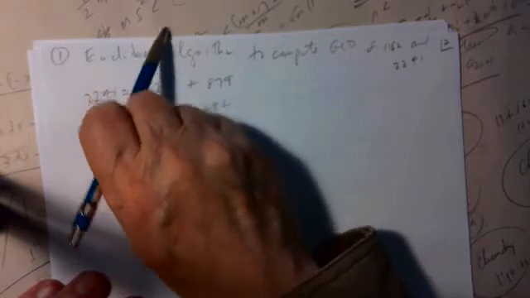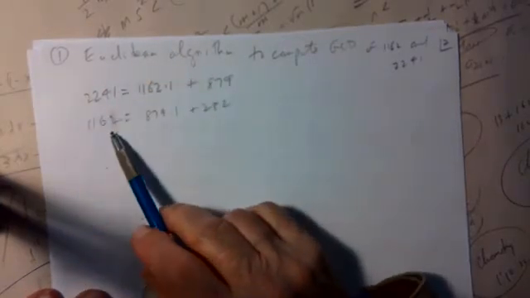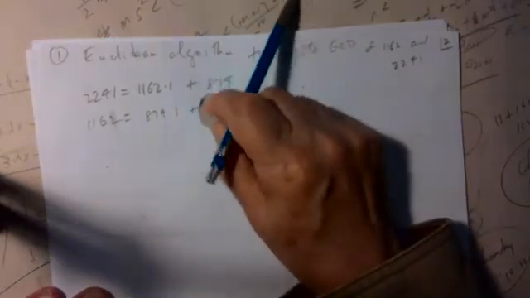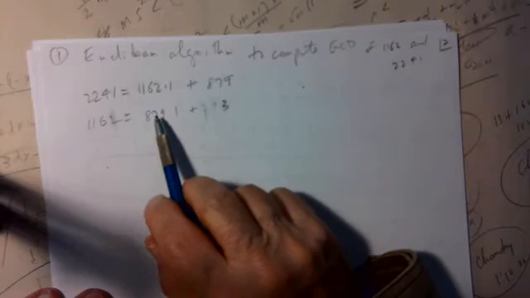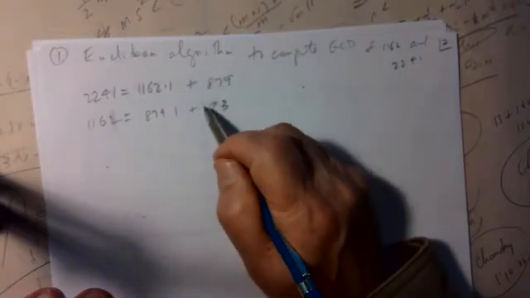This is 1162. So 12 take away 9 is 3. 15 take away 7 is 8. 10 take away 8 is 2.